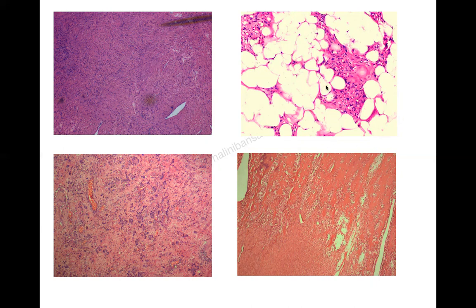Similarly, for this tumor, we have an abundant amount of fat, which is the predominant component. In addition, we can see that there is also proliferation of blood vessels. So this is called an angiolipoma. Angio we say first because the amount of blood vessels is less, and the predominant nature of the tumor is lipomatous.